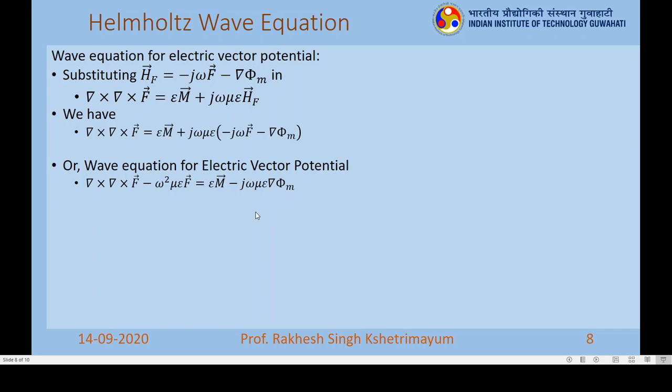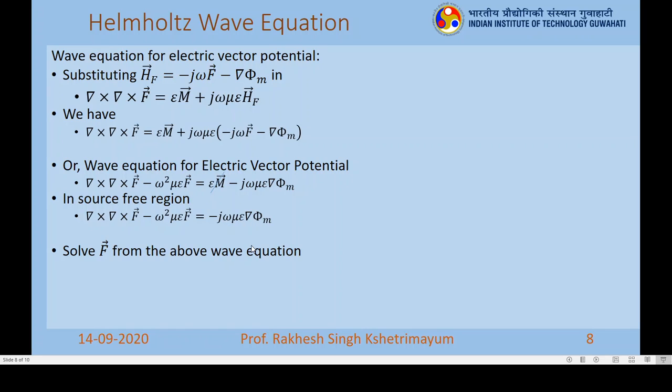Let's say we want to find the fields in free space where there are no charges. There is no current density. You cannot have current density in free space. So in that case, even the magnetic current density will be zero. So for that case, the source free region, the wave equation will simply become curl of F minus omega square mu epsilon F is equal to minus j omega mu epsilon del phi M. So what's the procedure?